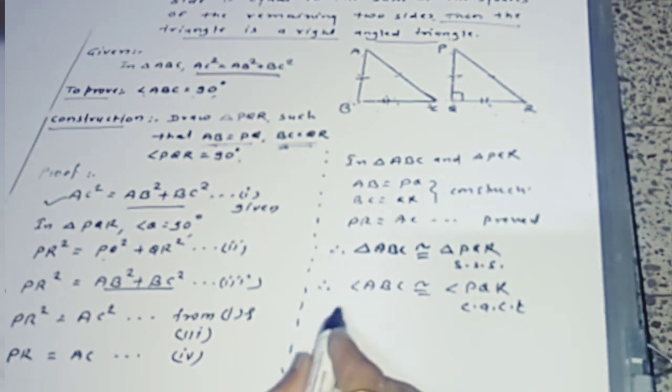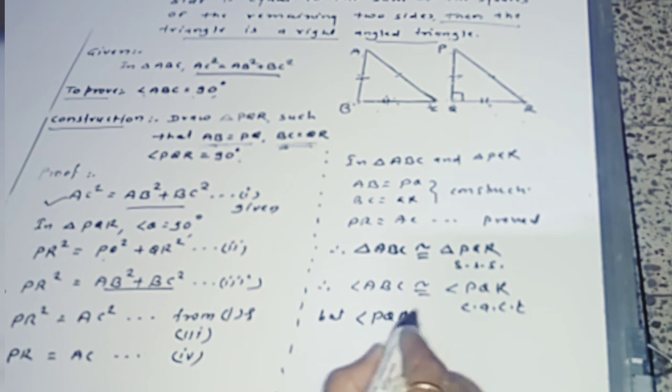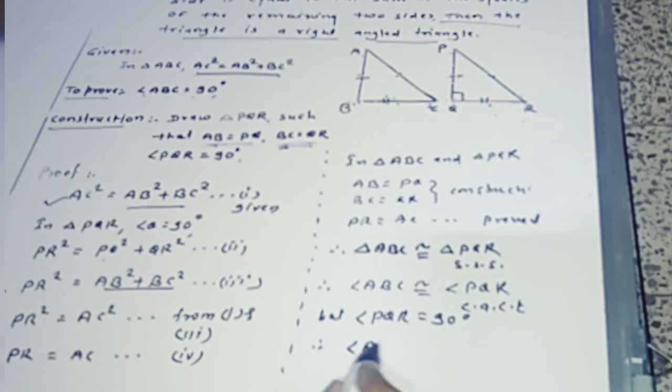Therefore, angle ABC is congruent to angle PQR. Reason: corresponding angles of congruent triangles. But angle PQR, how much is it? 90 degree. Therefore, angle ABC is 90 degree.